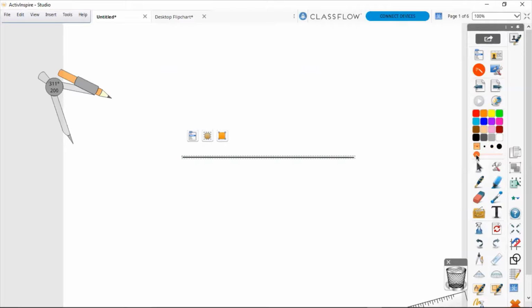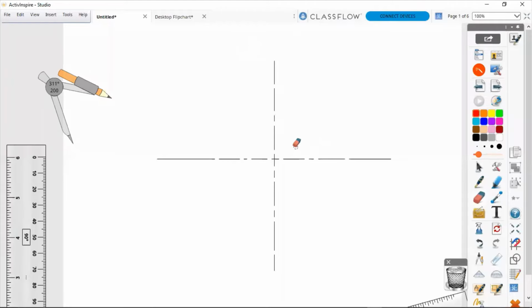I have to achieve a thin line. I'm going to try to make this into a center line. So here I have my center line crossing.